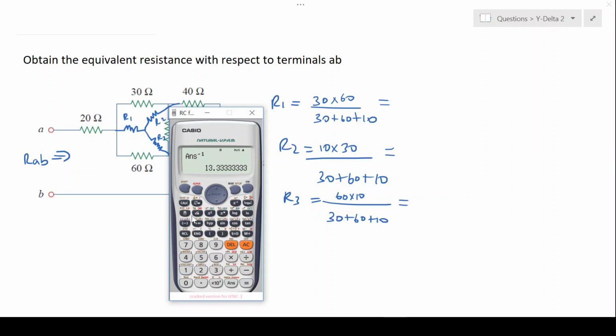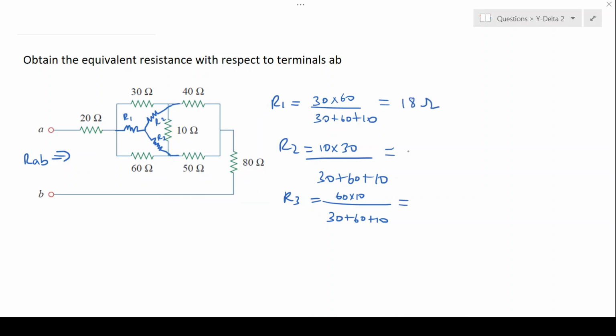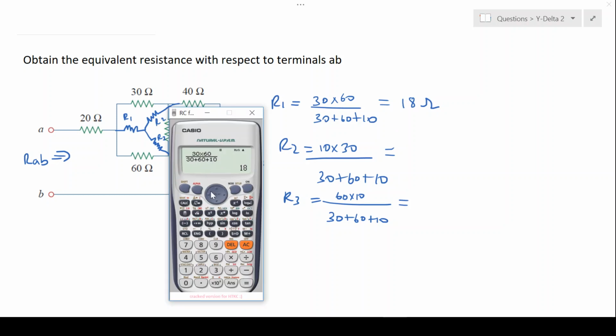If we do this calculation, the first one will be 30 times 60 over 30 plus 60 plus 10. That gives us 18. The second is 10 times 30. That gives us 3 ohms.